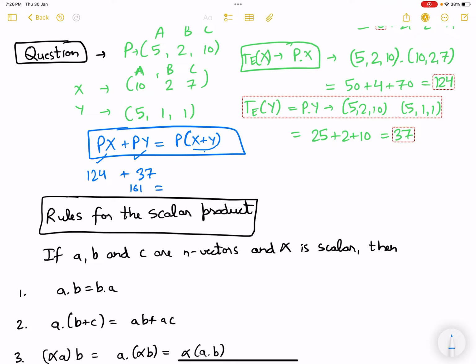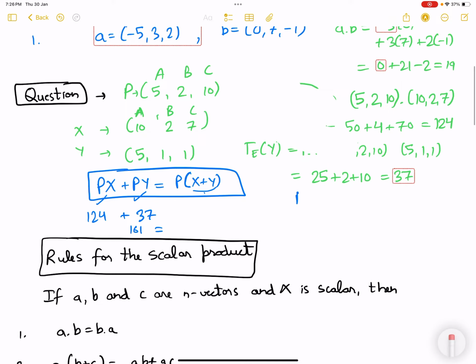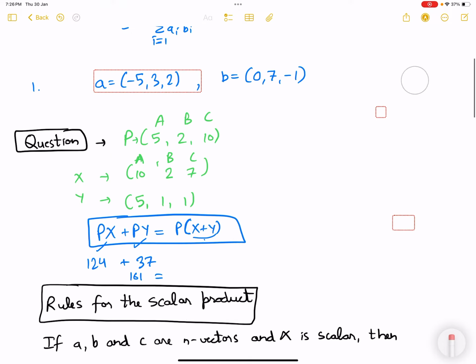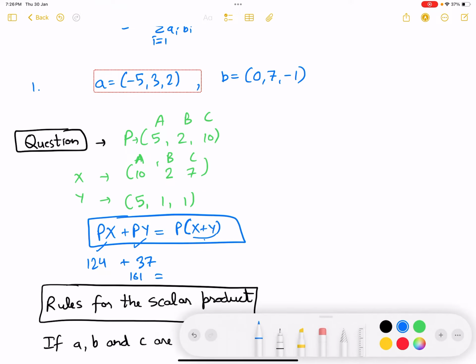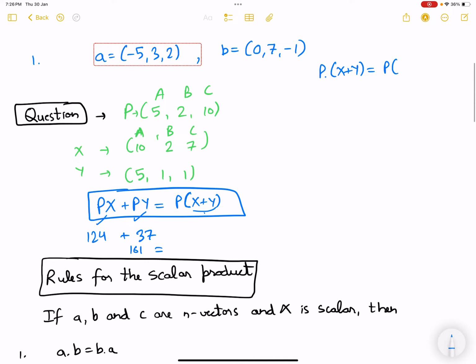Now, I'll just erase this. Suppose for the same given example, we are supposed to find price into the total quantity. The total quantity would become 10 plus 5, 15, 2 plus 1, 3, 7 plus 1, 8.